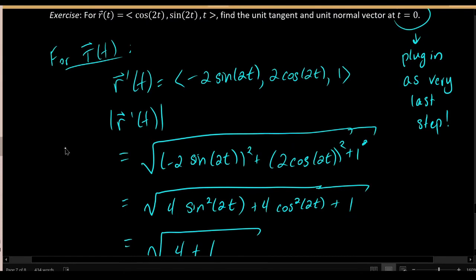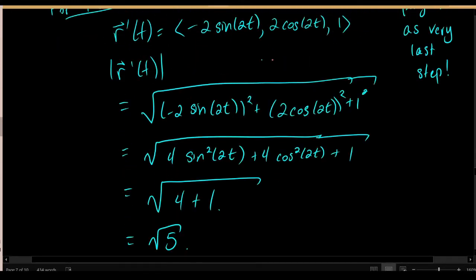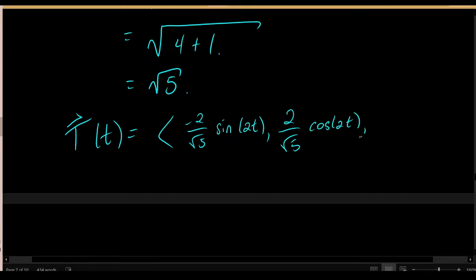As a result, what is the unit tangent vector at any given time? We can take r prime of t and divide it one component at a time by the speed that we calculated. So negative 2 over root 5 sine 2t, positive 2 over root 5 cos 2t, and then if we divide the z component, 1 over root 5 for the z component.